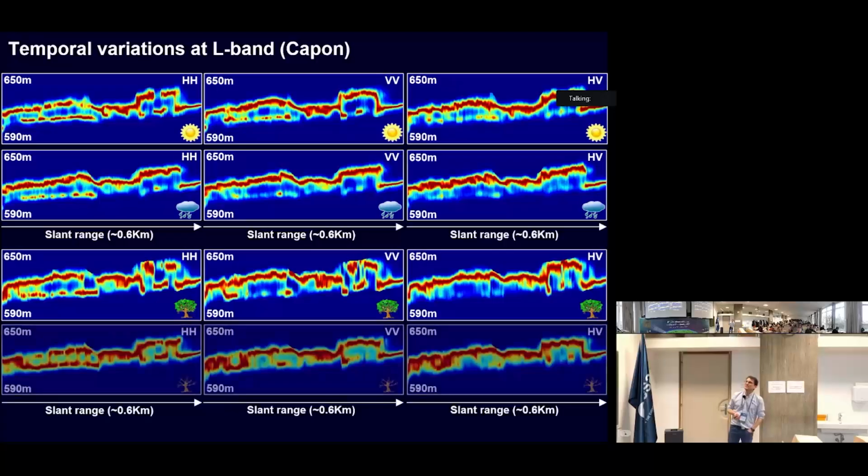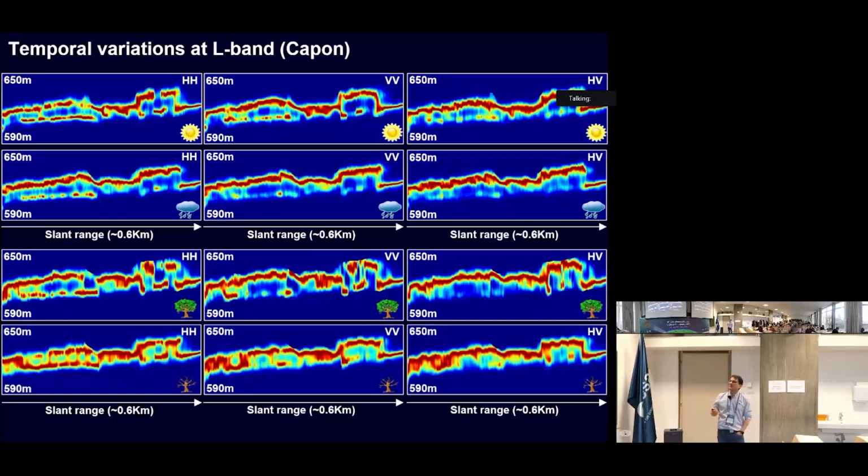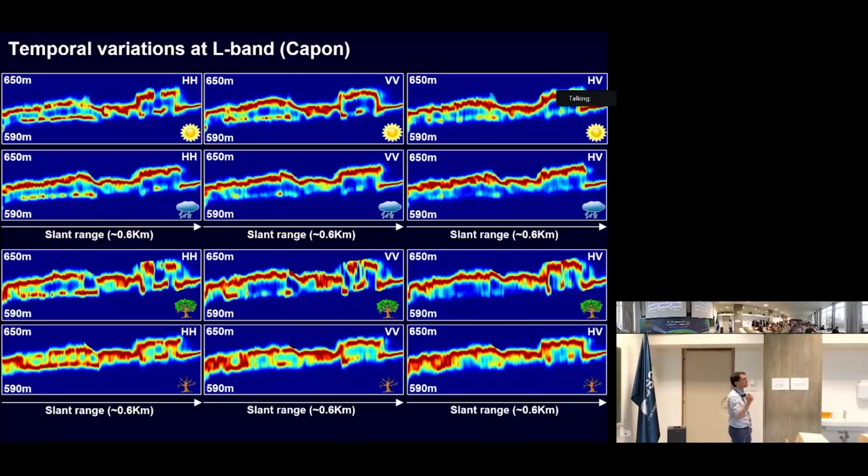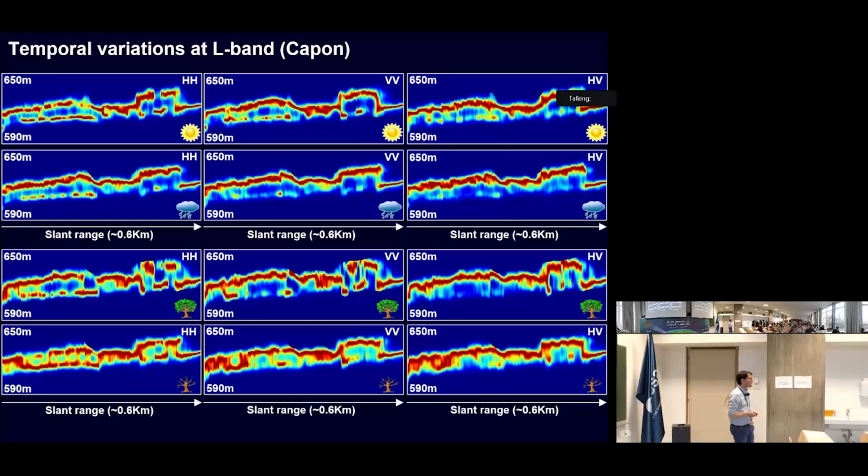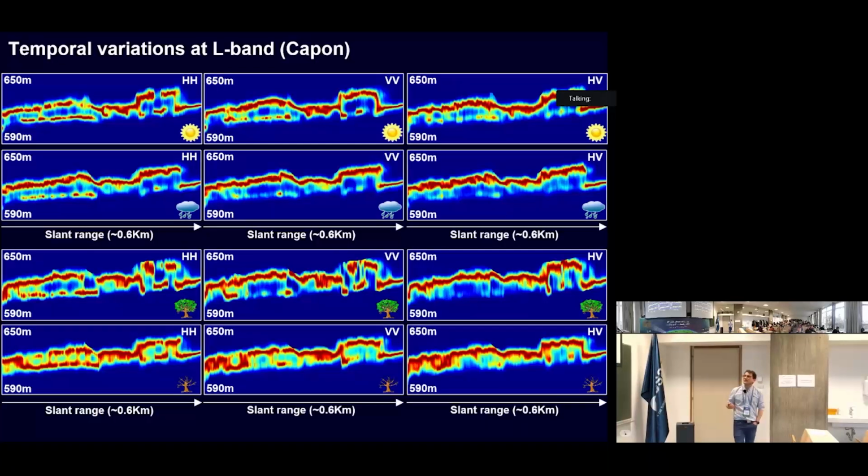It depends also on the season, because look, this is what you have in spring, and this is what you have in autumn. In spring, you have transpiration through the leaves. So you don't see the leaves, but you see the transpiration. So you see here a different water content than here. Here you have a lot more water. Here you have less water because it's not transpiring anymore, and therefore also your profile changes.